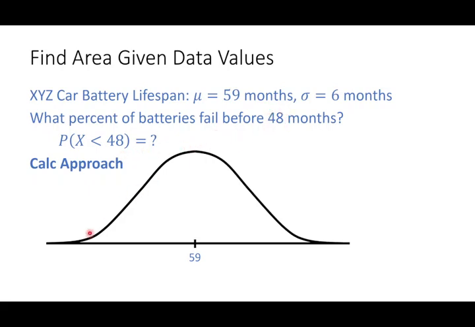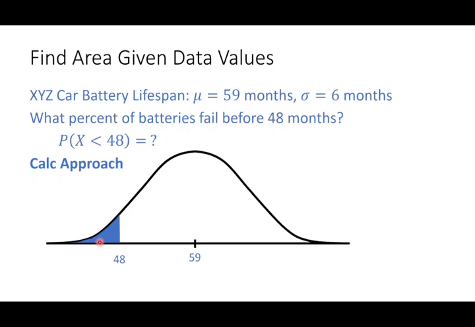Where's 48 on this number line? 48 is somewhere over to the left. It doesn't really matter exactly where you put it. And the thing we're trying to find is what percent of batteries fail before, that's a less than, 48 months. So we draw our line at the point of interest, and the probability we're finding is the area left of this point, so we shaded it blue here.